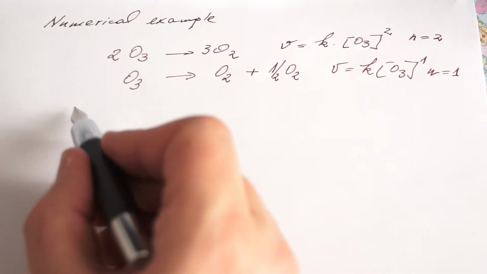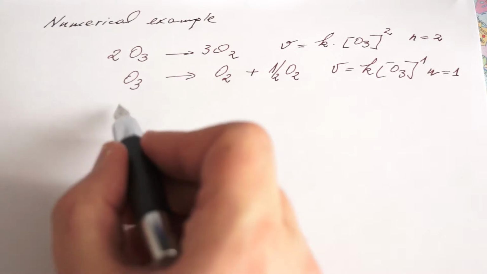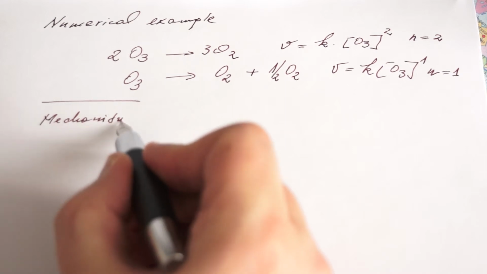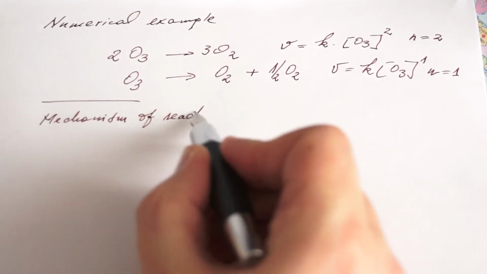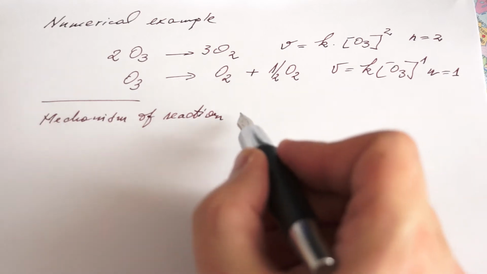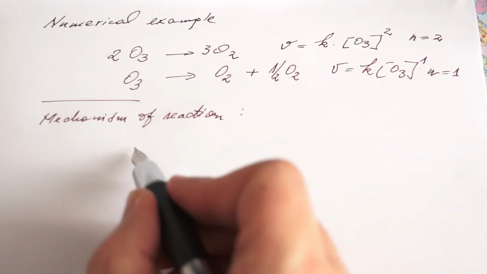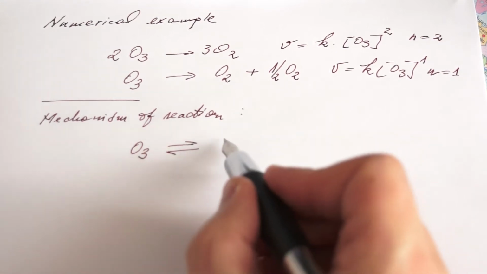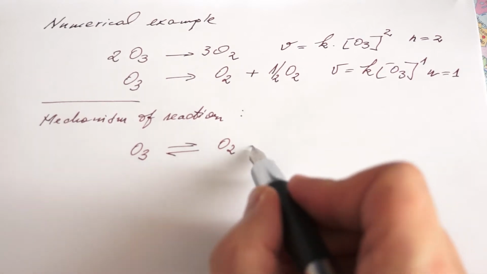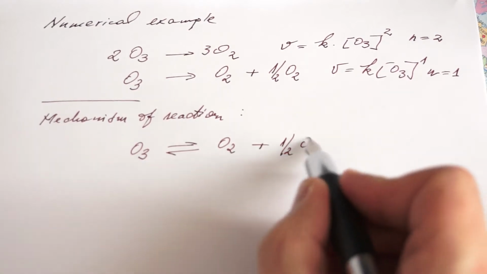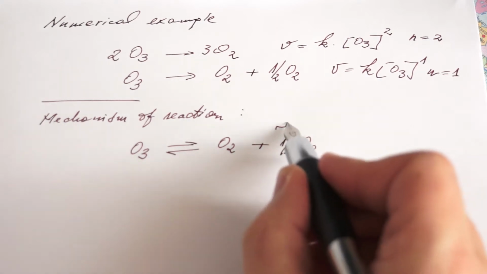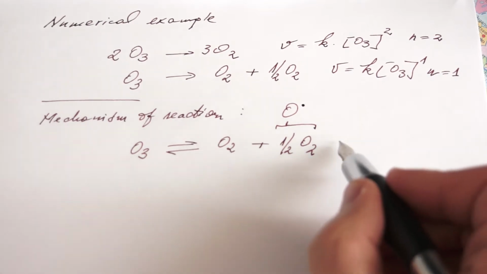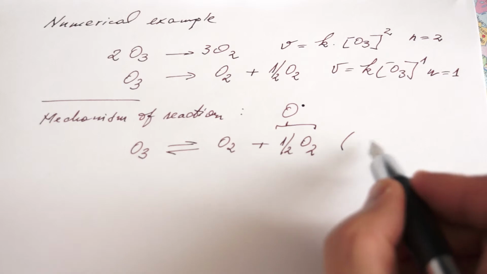However, experimentally it has been determined that the mechanism of this reaction proceeds in several steps. The first step is 1 molecule of ozone decomposing into an oxygen molecule plus an oxygen radical, which we can also write like this. It has been experimentally shown that this is rapid.